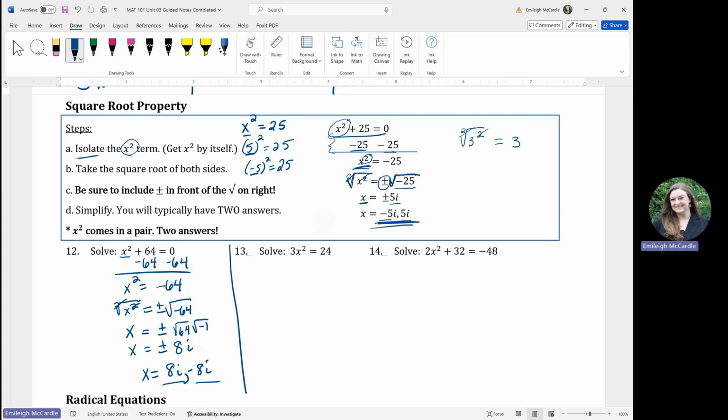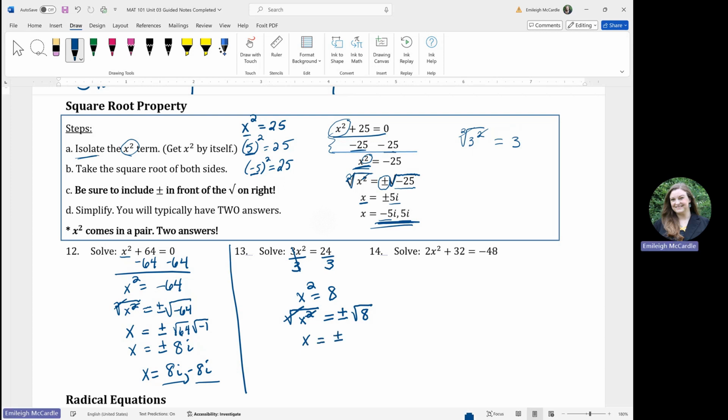Okay. On 13, we're going to divide by 3. x squared equals 8. So that was getting our x squared by itself. Now we're going to take the square root of both sides. The square root of x squared equals plus or minus the square root of 8. Okay, and that square root and square cancels and leaves me with x.